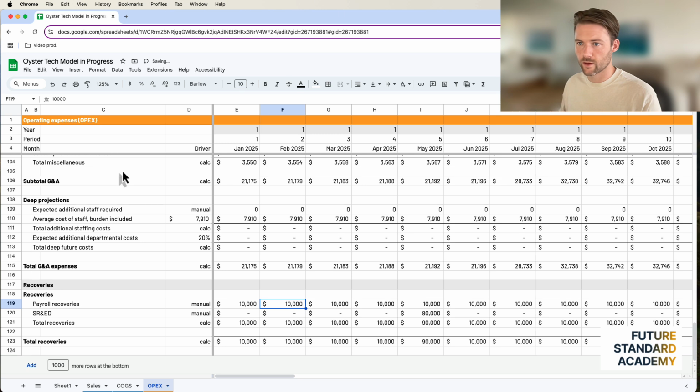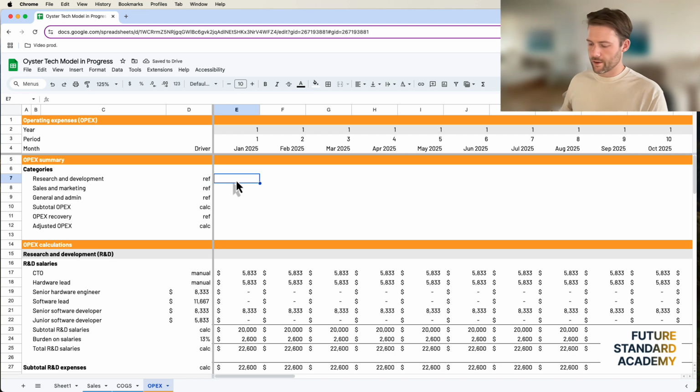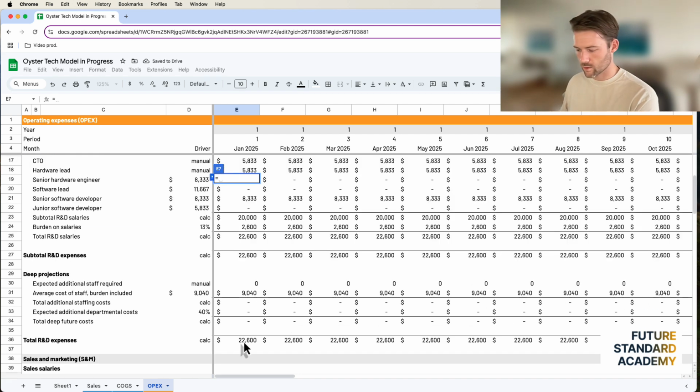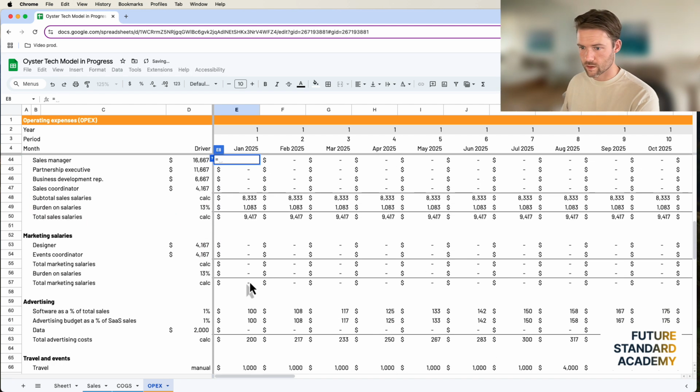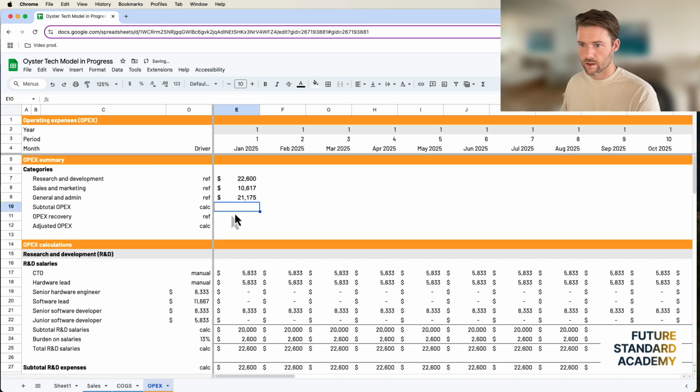Okay, I'm going to get rid of grid lines. I'm going to add up total R&D, total sales and marketing, total G&A, total.